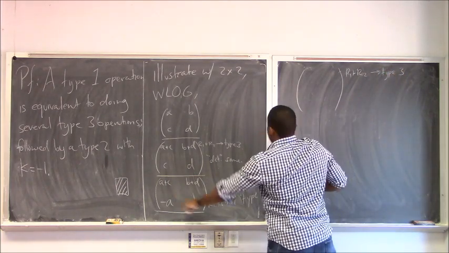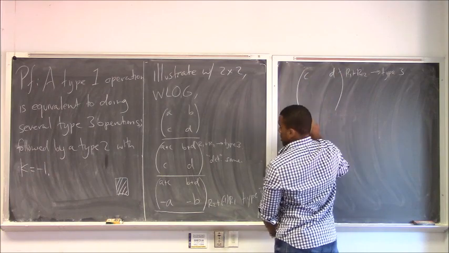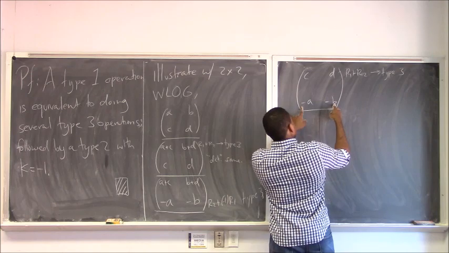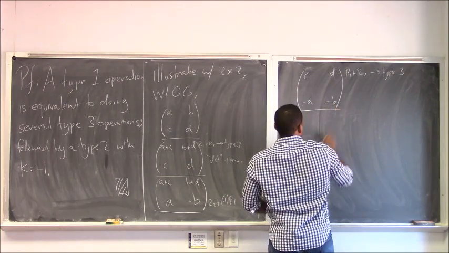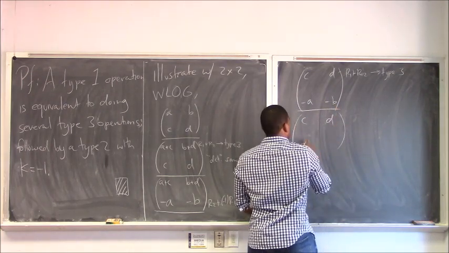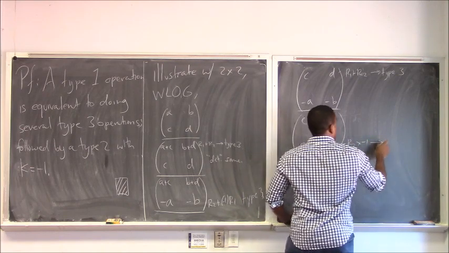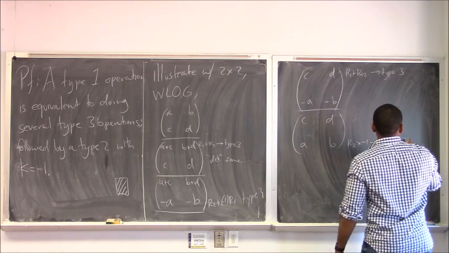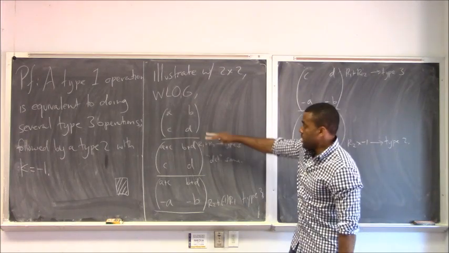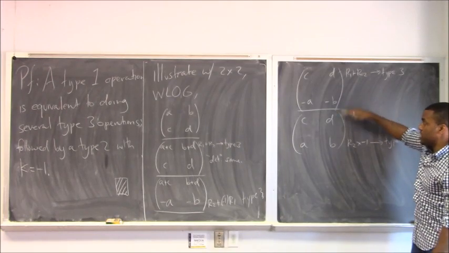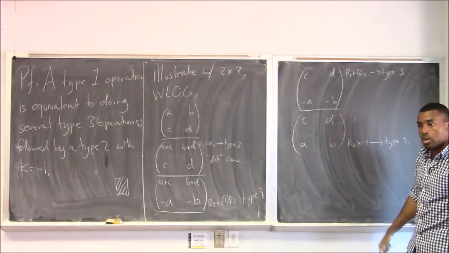If I add these two now, I get C and D up here, and here I get minus A minus B. Now to get this to be the top row, I can just multiply that row by a -1. So this is row 2 times -1, and here's where my type 2 comes in. Right? So I did a bunch of type 3s, which doesn't change the determinant, and I have to finish it off by multiplication by a -1.